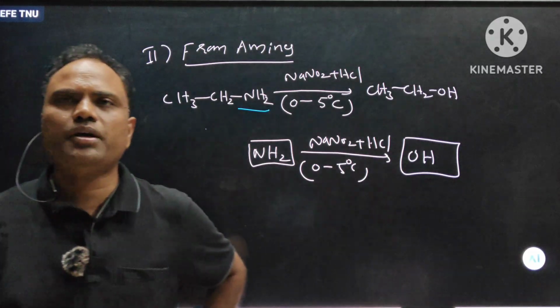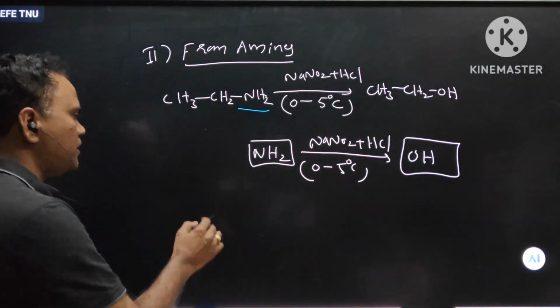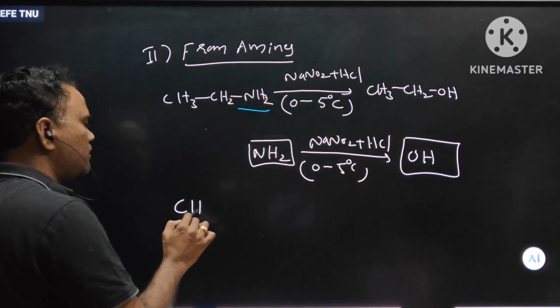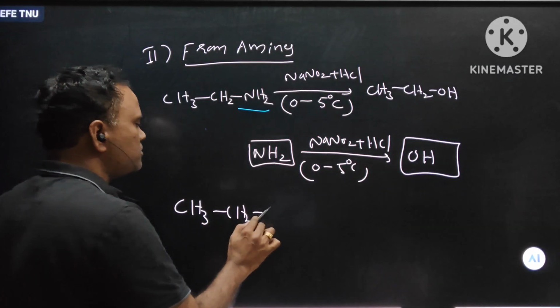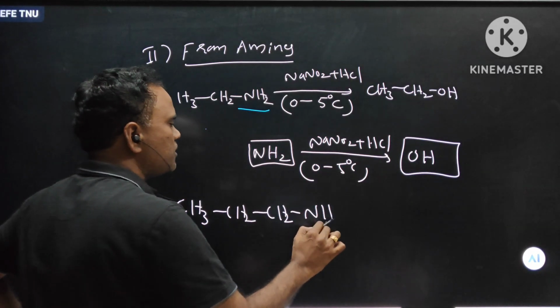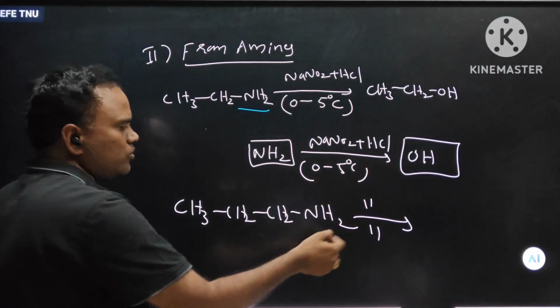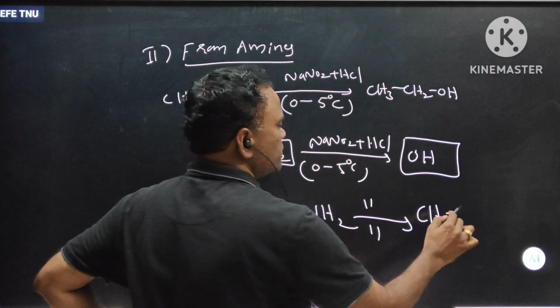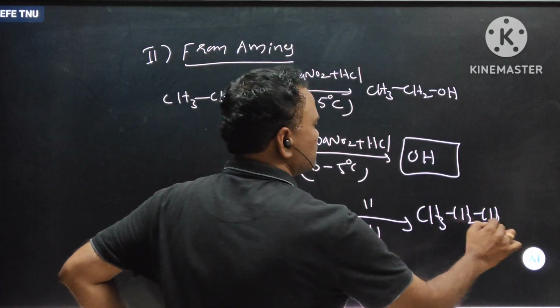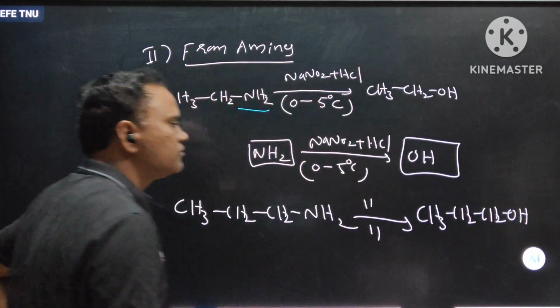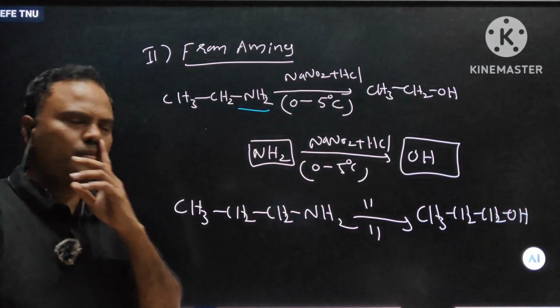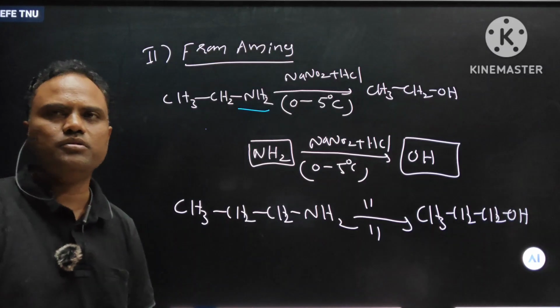Whatever the amine may be, it should be a primary amine. For example, you can take propanamine also. Irrespective of the length of the chain, if you use this reagent, NH2 will be removed and OH will come. Propanol is formed.